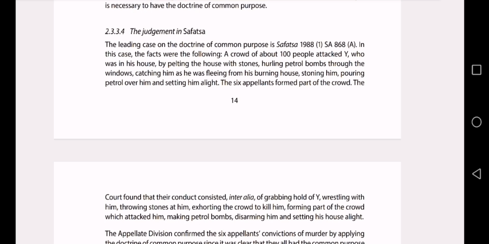The court found that their conduct consisted inter alia of grabbing and holding Y, wrestling him, throwing stones at him, exhorting the crowd to kill him, forming part of the crowd which attacked him, making a petrol bomb, disarming him, and setting his house alight.